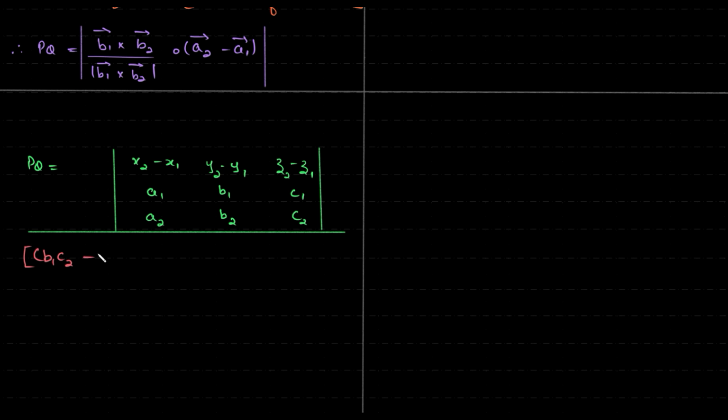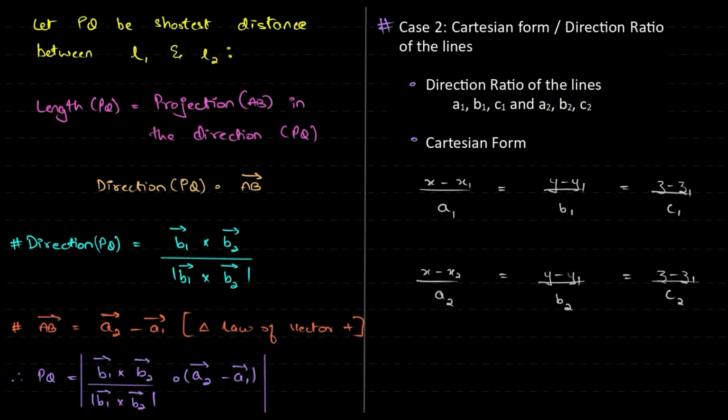B1 C2 minus B2 C1, the whole square, plus C1 A2 minus C2 A1, the whole square, plus A1 B2 minus A2 B1, the whole square, all to the power of half. So this is the entire formula. We wrote this directly, so the derivation per se is not there, but we can actually derive it using the concept we already know.